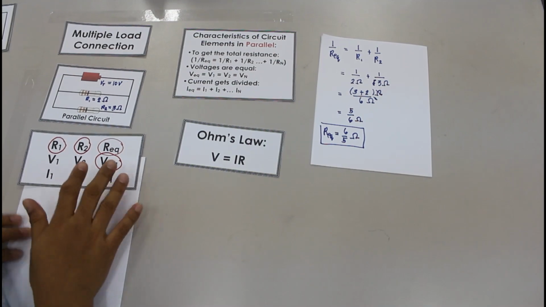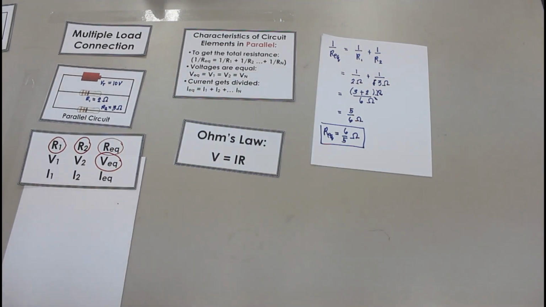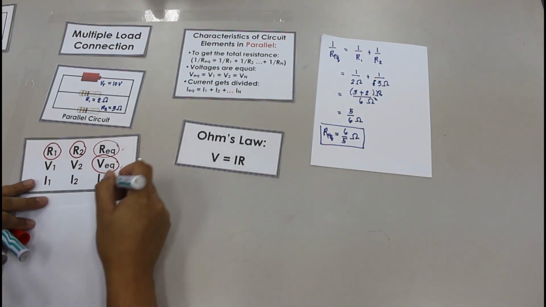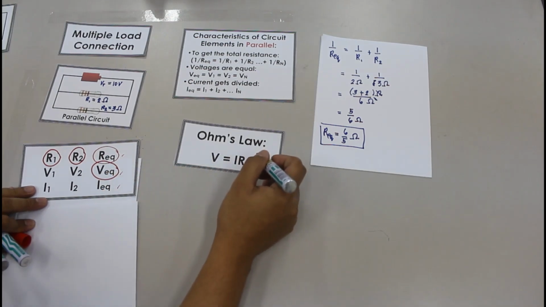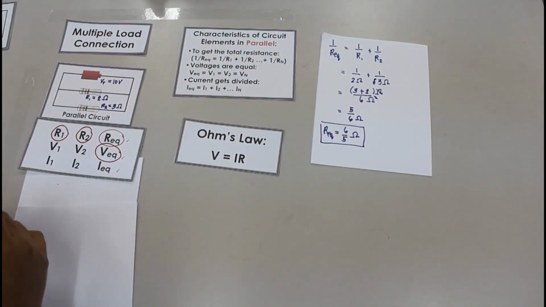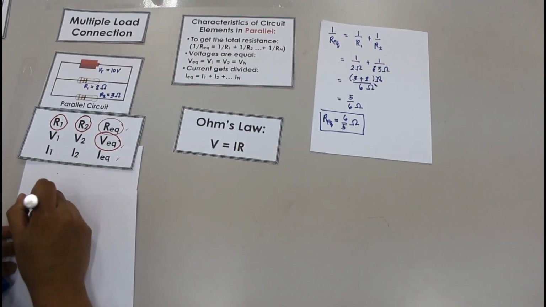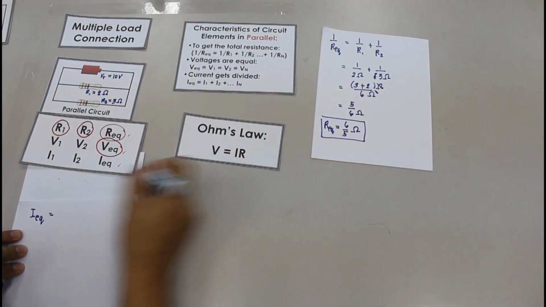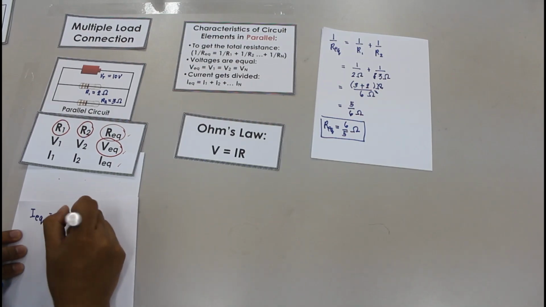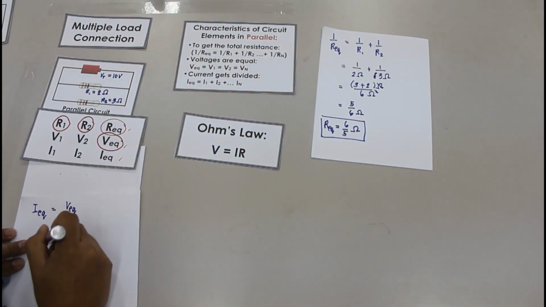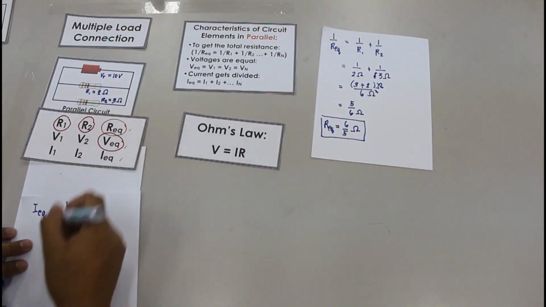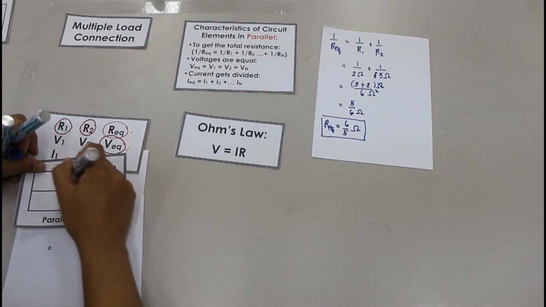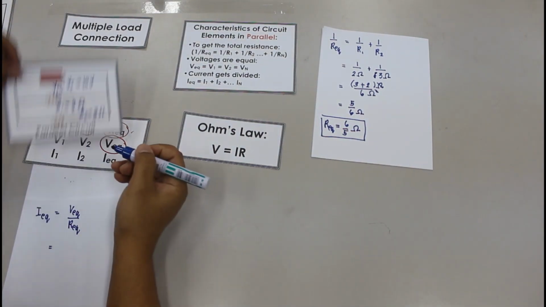Since we're done solving for R equivalent, we can now solve for I equivalent. So we know that this and this, we can use those values to solve for I equivalent, following Ohm's law. Once again, following Ohm's law, we can solve for I equivalent by manipulating our equation. So I equivalent is equal to V equivalent divided by R equivalent. We substitute the values. Our value for voltage total, or V equivalent, is 10 volts.